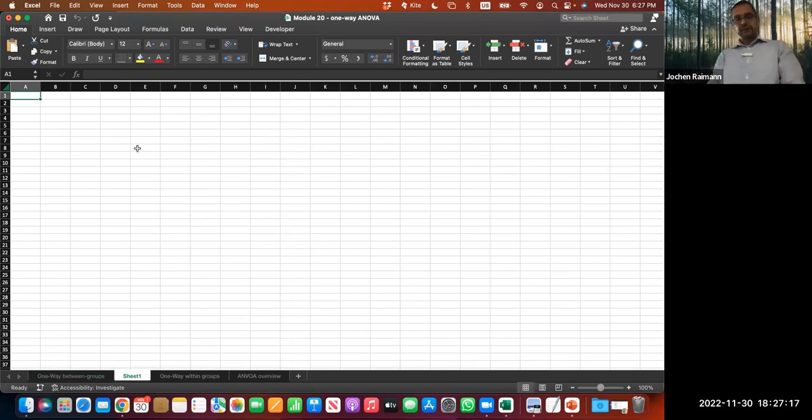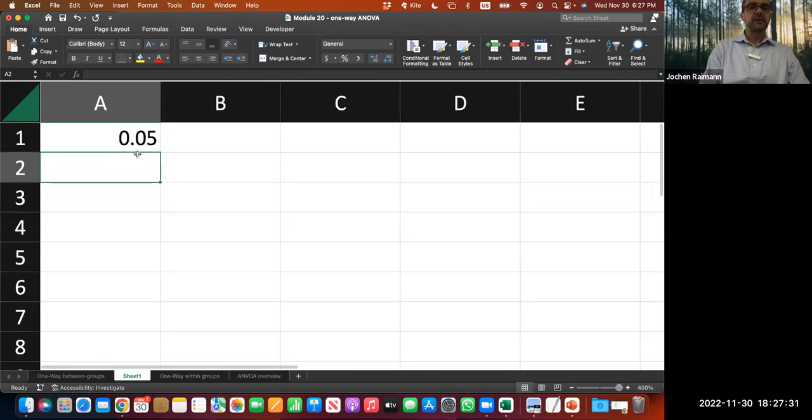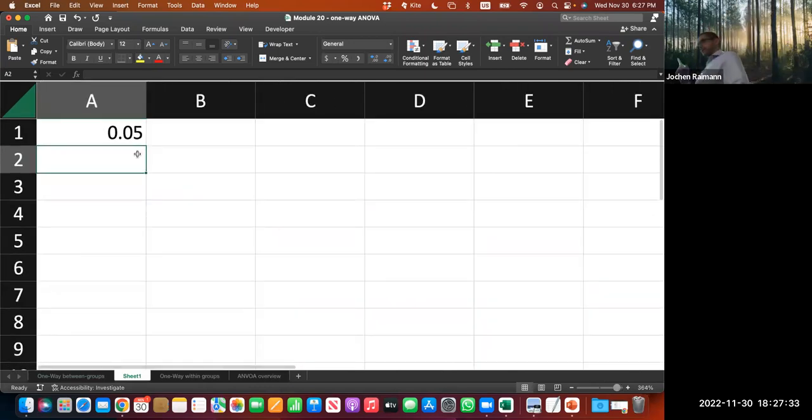Because if you have an acceptable alpha, and that's the acceptable type 1 error of 0.05, right, I'm zooming in. So 0.05 is your acceptable type 1 error risk with one test.